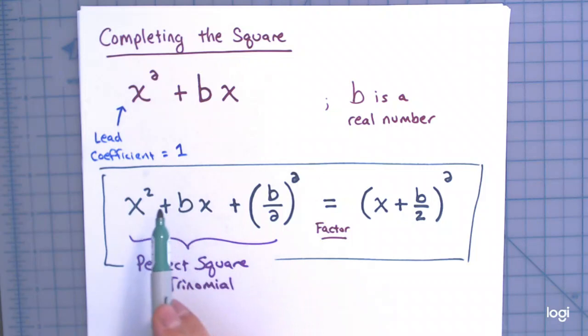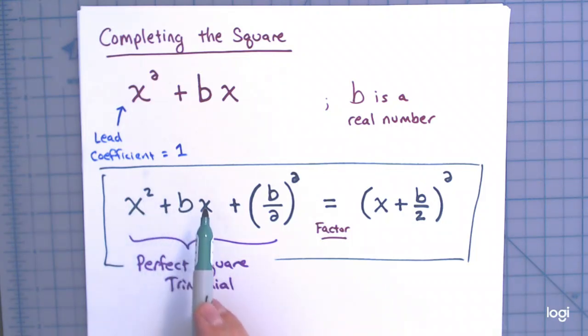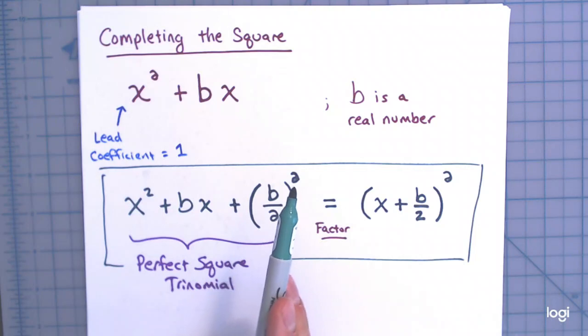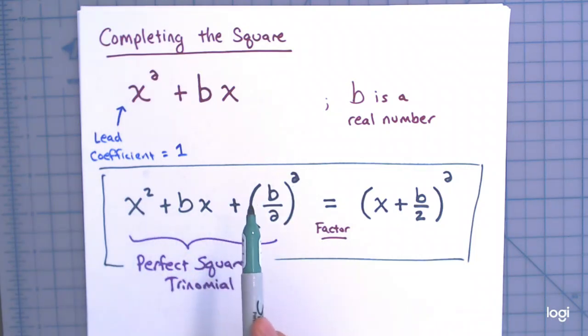I started off with a variable squared plus a number times that variable to the first, and then we added to it this half b squared, so that I have a perfect square trinomial and can factor it, rewrite it as a perfect square, the same factor to the second power.